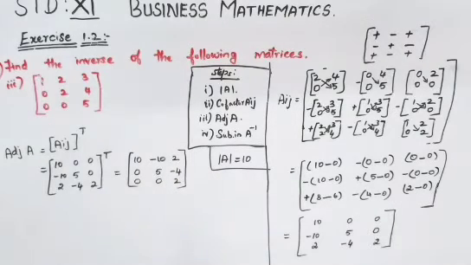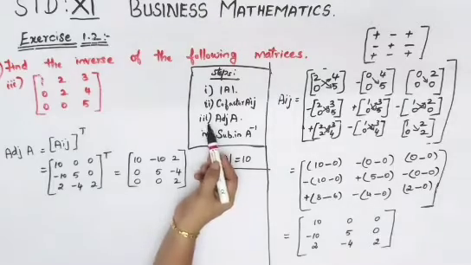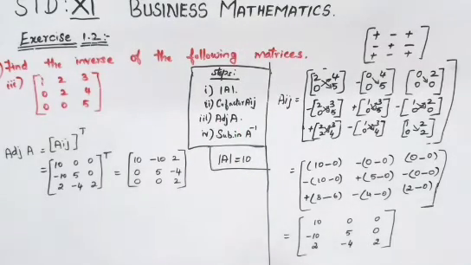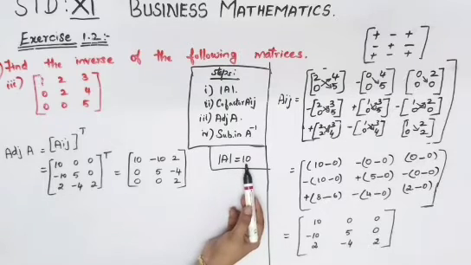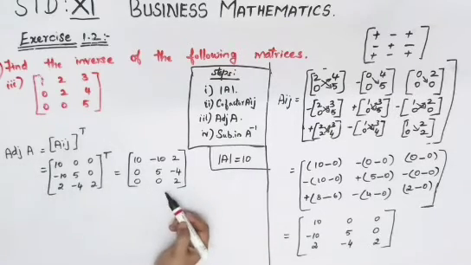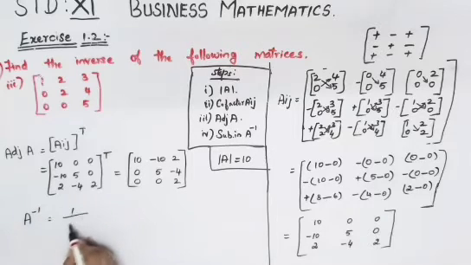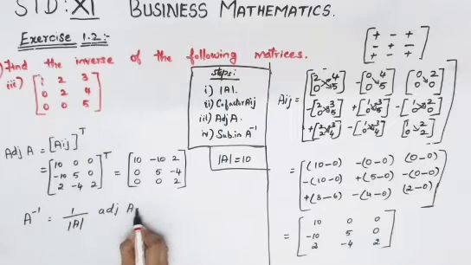So with this your third subdivision, this part, that is your step, and third one is over. Now fourth one is, we have got already determinant of A, we have got 10. Then adjoint of A also we have got the answer. Now A inverse formula is 1 by determinant of A into adjoint of A. So in this formula you will have to substitute it.